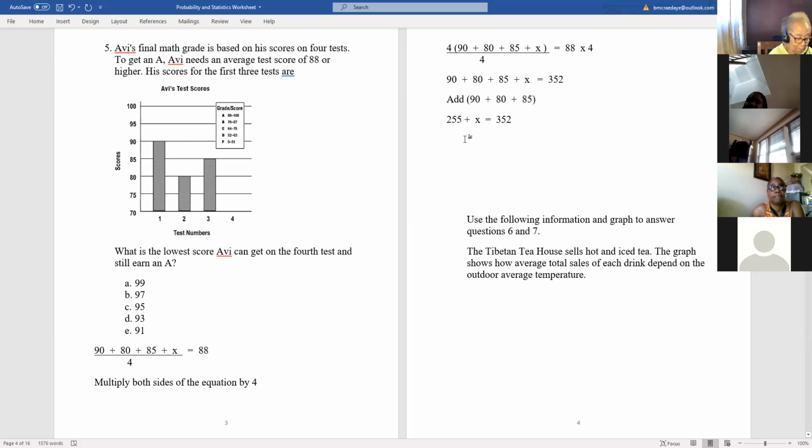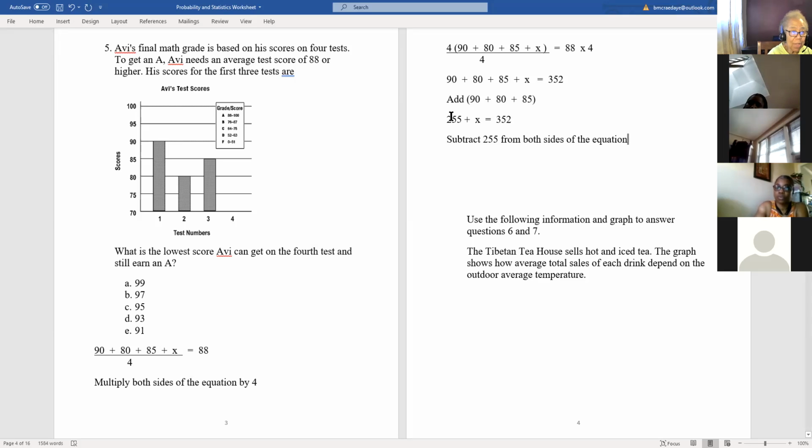So what do I subtract? You subtract 255 from 352, but you have to do it on both sides, to keep the equation balanced. So subtract the 255 from both sides of the equation.